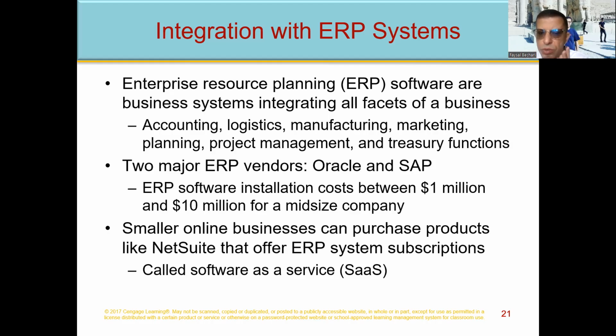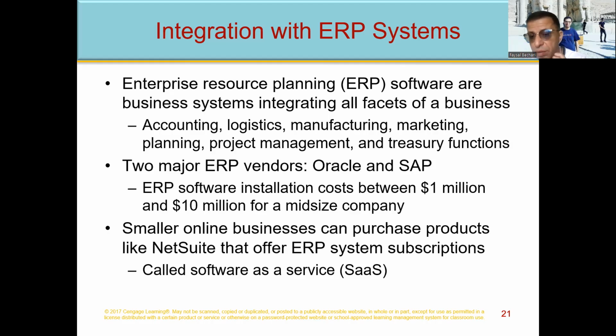But the two major vendors providing these are Oracle and SAP. ERP software installation, we might see that also in the video. ERP software installation can cost between 1 million to 10 million for a mid-sized company. That's a lot of investment.